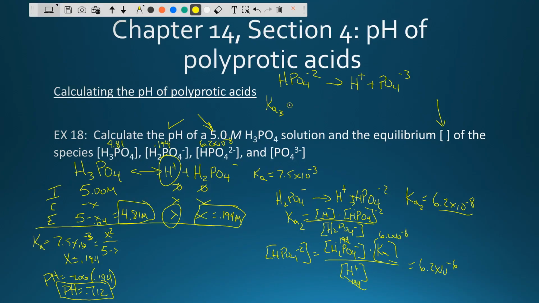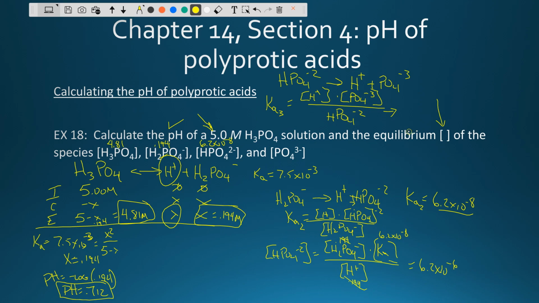So I'm going to follow the exact same process, and I'm going to get my hydrogen ion and my phosphate ion, and that will be over my HPO4 2-. Now again, let's get the phosphate by itself. Multiply both sides, and then divide by my hydrogen.